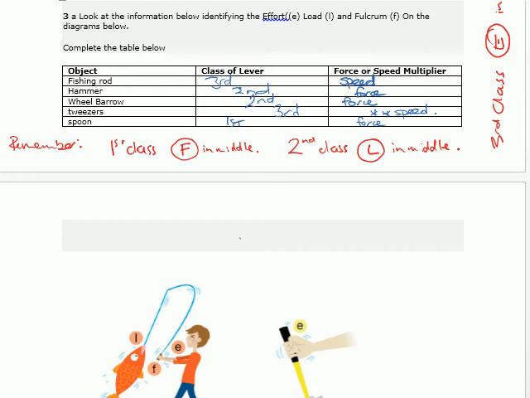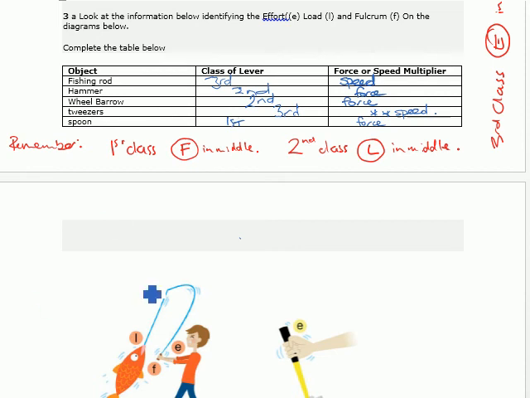Remembering maybe an example of the 3 might be the easiest way to remember this. Anyway, start again. First class could be a seesaw. Second class could be a wheelbarrow. And third class could be a baseball bat. As long as you remember one example of each, you'll be fine.